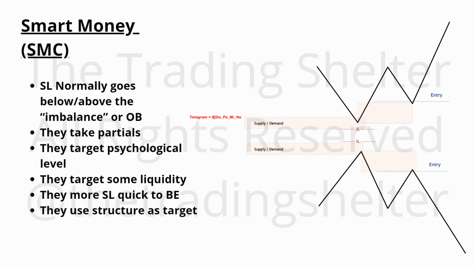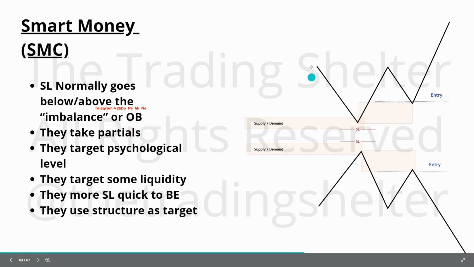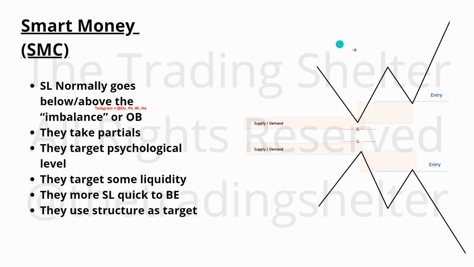They move their stop loss to break even quickly. Some of them, even when they have a 5-second POI with a change of character, whatever you call it, enter and go break even quickly, because they don't want to hit the stop loss. They sometimes use structure as a target. So if there's a bigger structure here, they use this as the target.